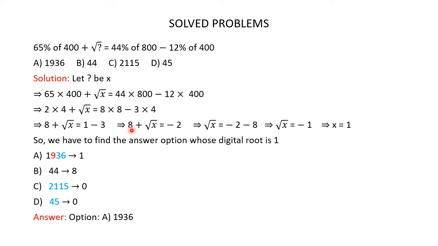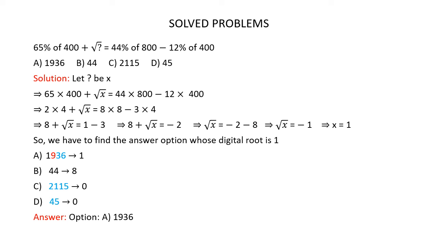So now you have 8 plus square root of x is equal to minus 2. Shift 8 to the right hand side, it will become minus 8. So now you have square root of x is equal to minus 2 minus 8. So square root of x is equal to minus 10.